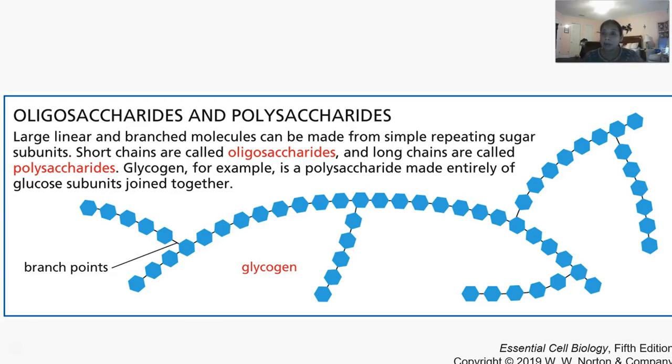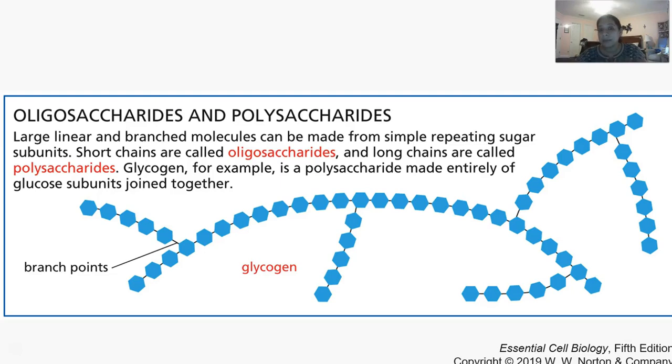So oligosaccharides and polysaccharides are again large linear structures or branched structures. They don't have to be linear or branched structures that are made from several monomers of simple sugars coming together to create longer chains, longer structures. Short chains of these are called oligosaccharides or polysaccharides.